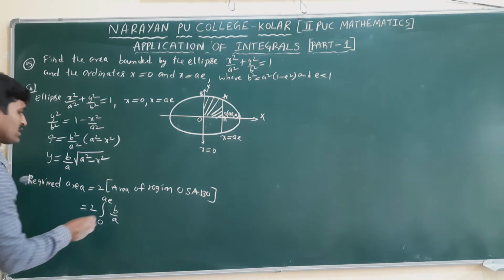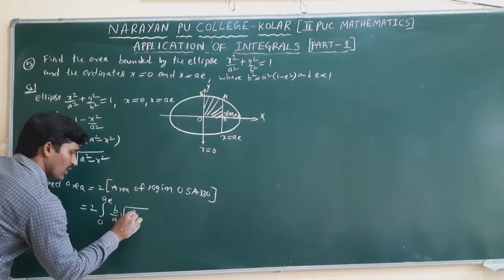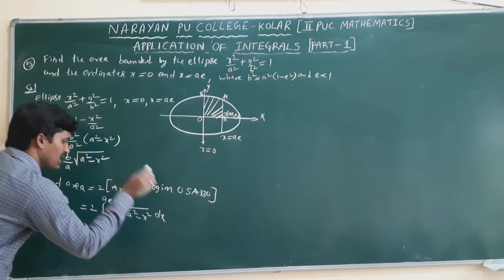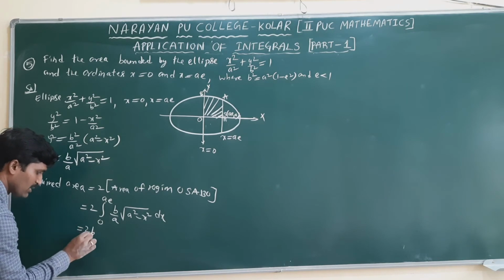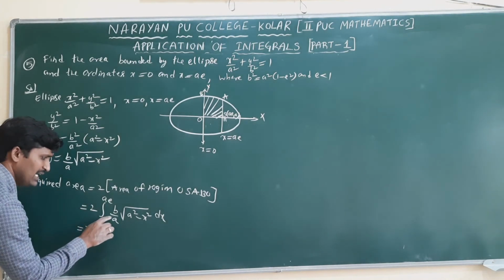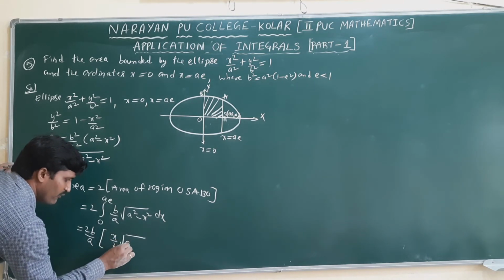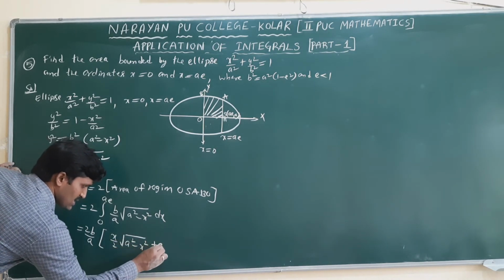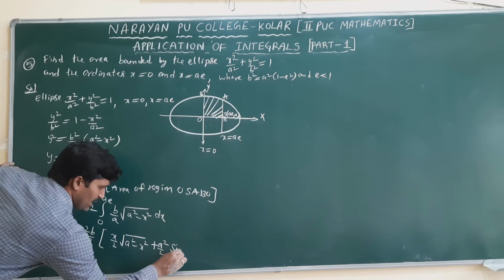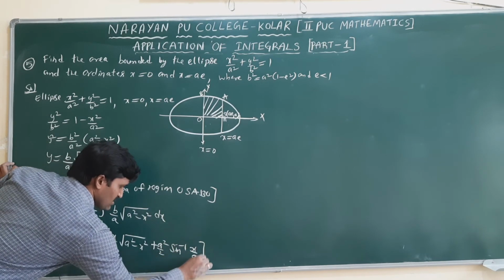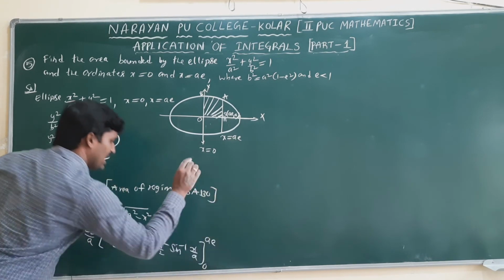And what is y in terms of x? B by a root of a square minus x square into dx. Taking b by a common, 2b by a. Integrating this, what will you get? x by 2 into root of a square minus x square plus a square by 2 into sin inverse of x by a, from 0 to AE.